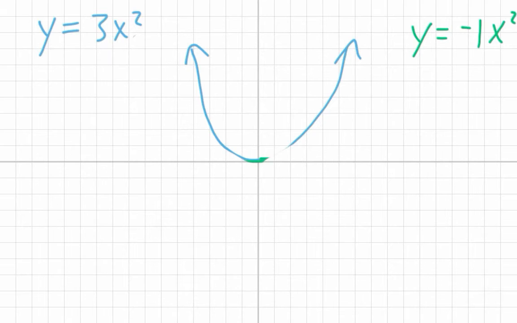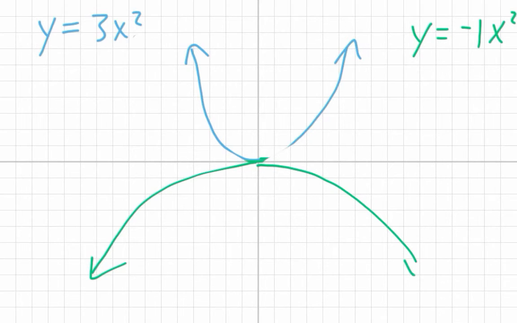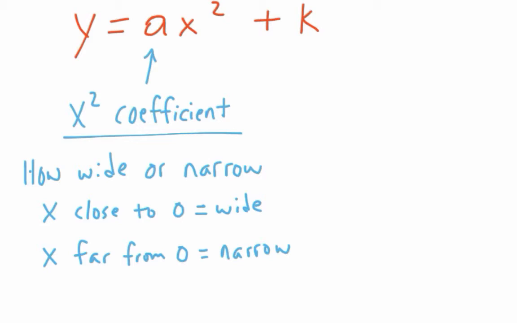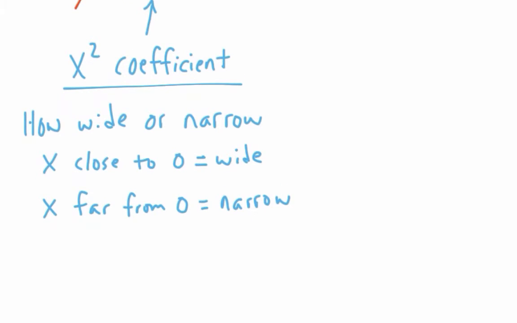But negative x squared or negative 1x squared. And then if you hit graph, so it opens down, and it's still wider, agreed? It should be that same width as what we had before, because it's a -1 instead of a 1. It's the same distance from 0. But it opens down. So whenever you have a negative x squared coefficient, it's going to open down.